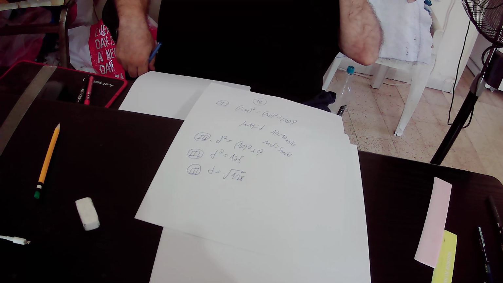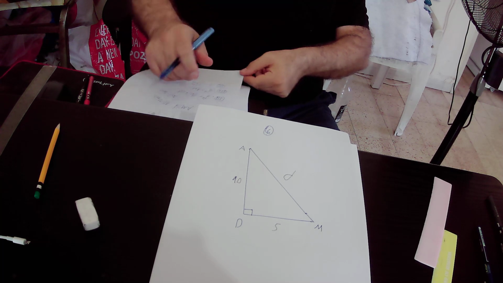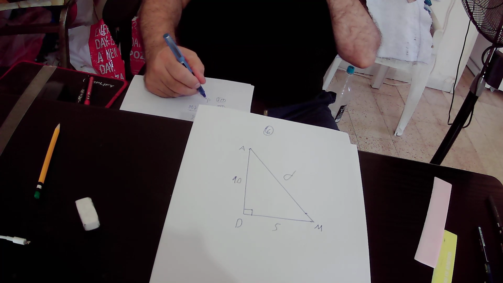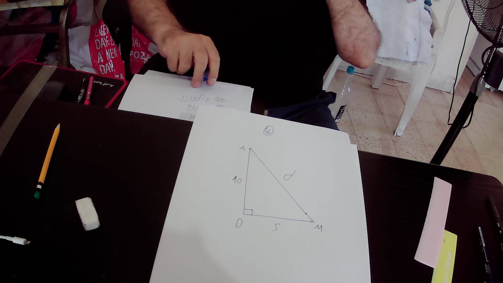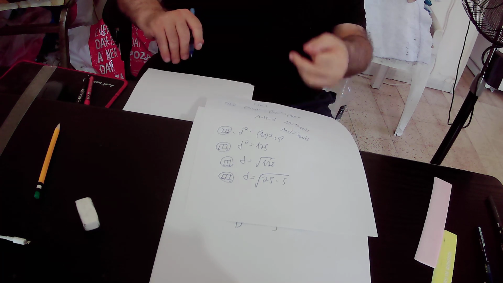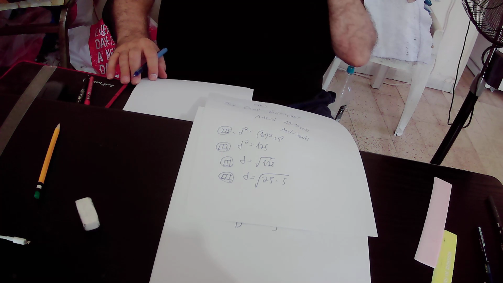We know that 125 equals 25 times 5. So we write it down. Okay, instead of 125, I wrote 25 times 5 because it equals 125.